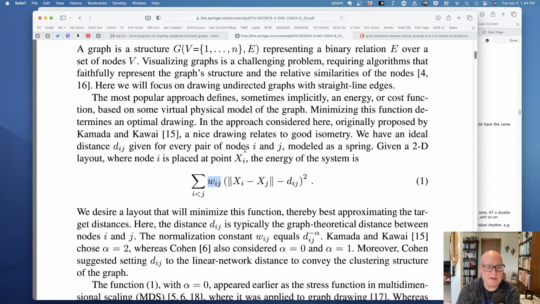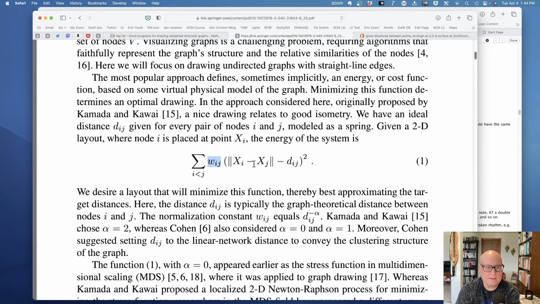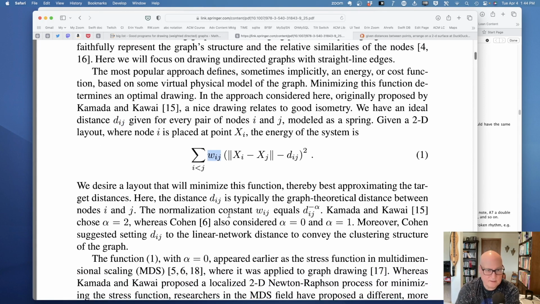We got to find out what that is. Okay. wij is a normalization constant, okay, equals our distance to some negative power, all right? And people have chosen 2, and they've chosen 0, and they've chosen 1. You can see why you'd like 0, right? Because d to the 0 is always 1, so you can just ignore that term.